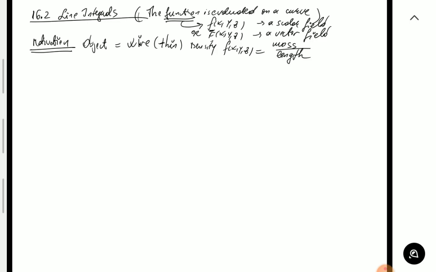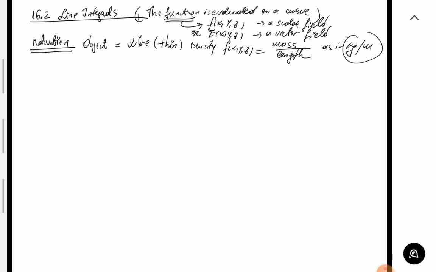So you can define the density of the wire, of course, assuming that the mass is not constant, because if it's constant, you don't need any integral. It's in terms of units of mass over length, as in kilograms per meter.